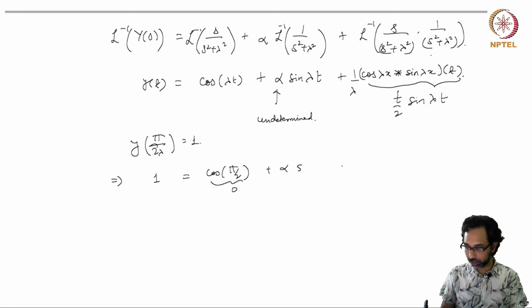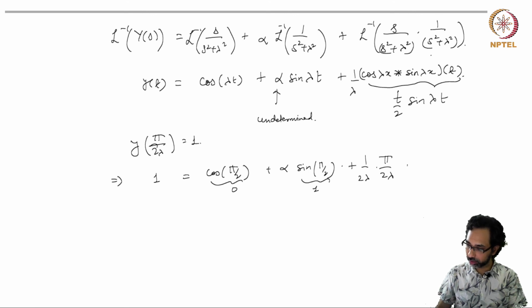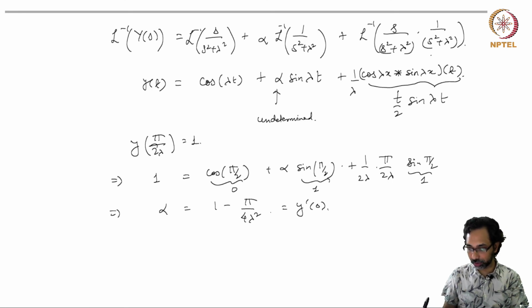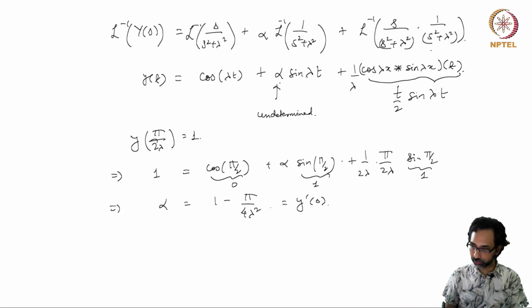Then you have alpha sine of pi by 2, this is 1, and the third term is t by 2 lambda, so 1 over 2 lambda times pi over 2 lambda sine of pi by 2. This is also 1, and so we get alpha is 1 minus pi by 4 lambda squared. This was our y prime at 0, and so now we have solved this undetermined coefficient as well, and so the solution is complete.